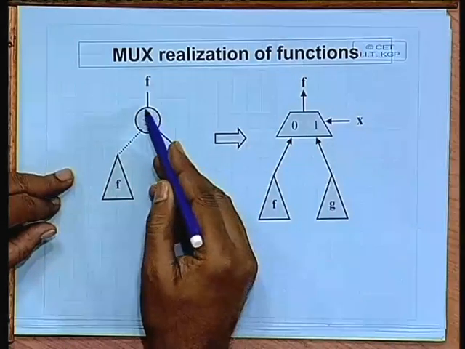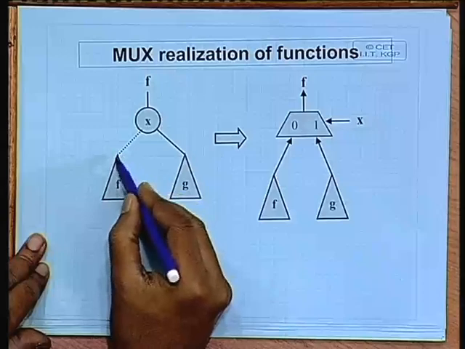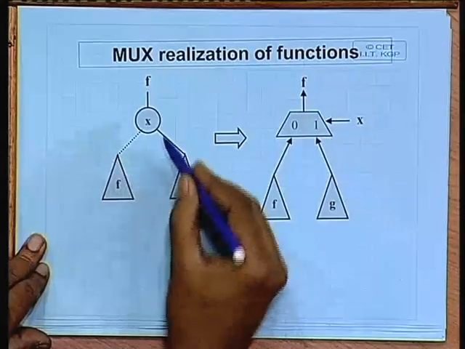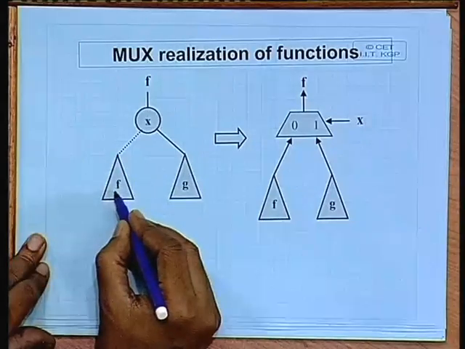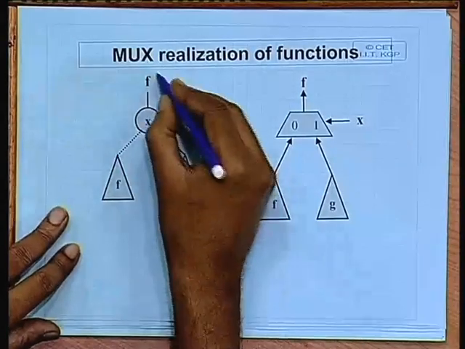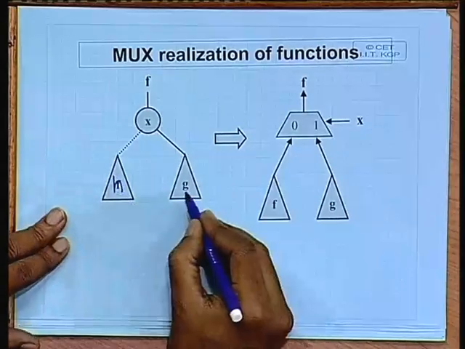Suppose you have a scenario where we have a node labeled x out here. If x is false, you come to a subtree out here. If it is true, you come to a subtree out here, and this subtree realizes h, this realizes g.